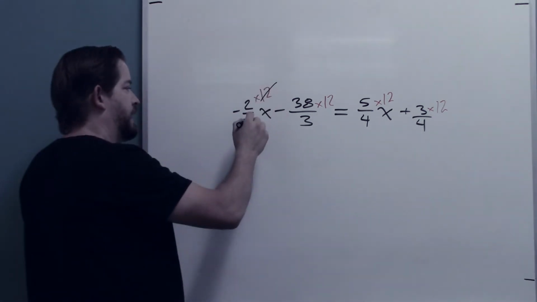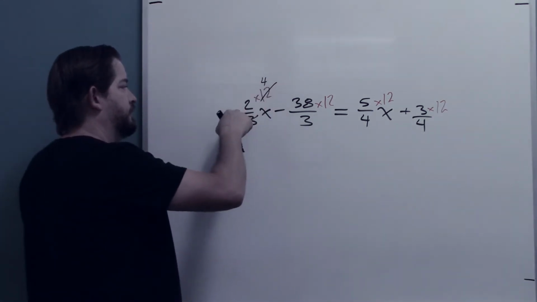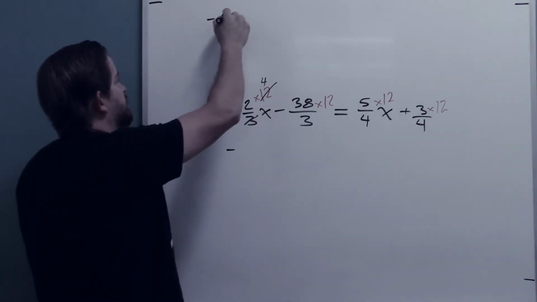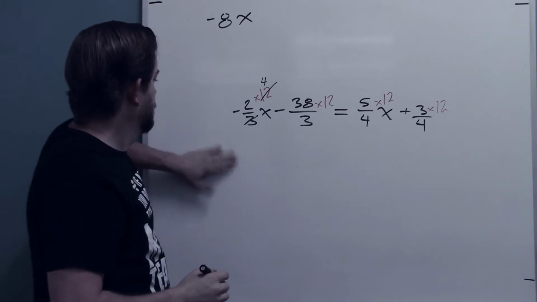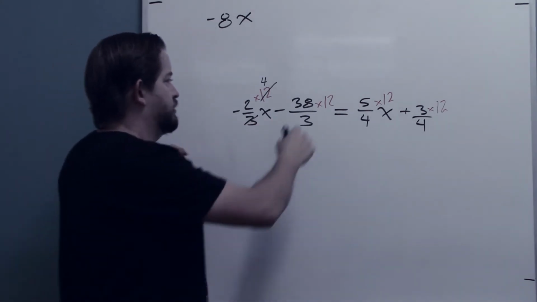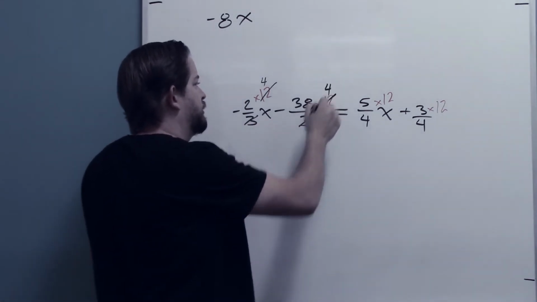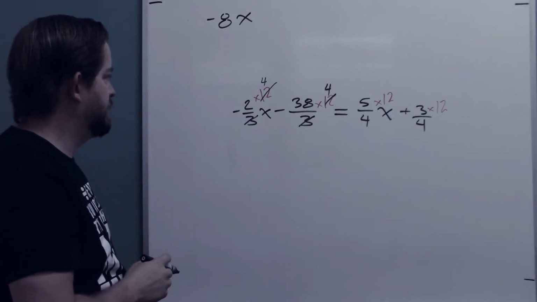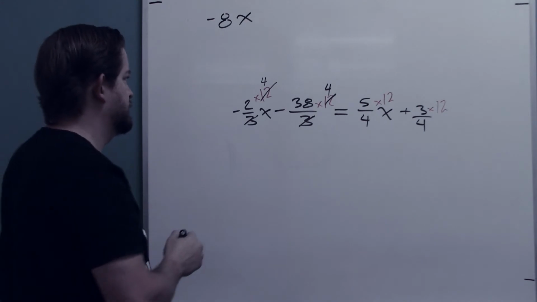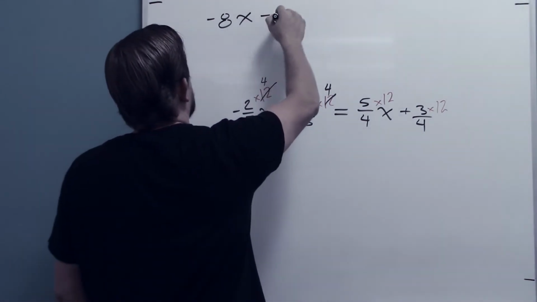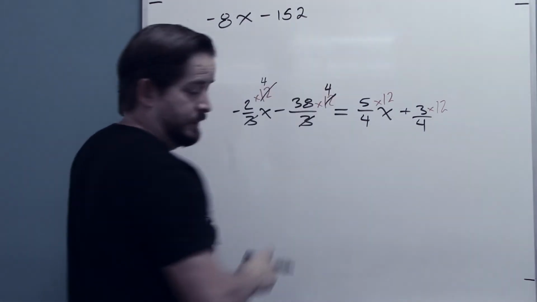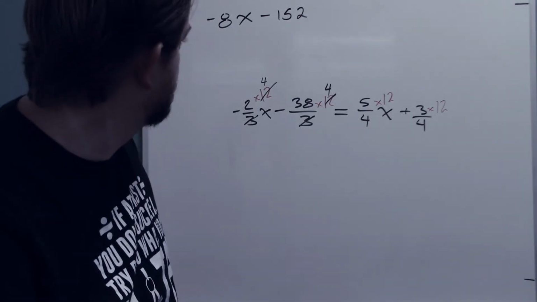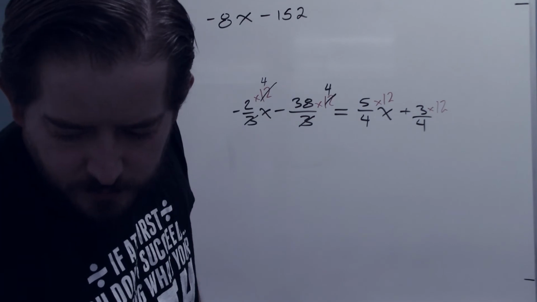Well, the 12 cancels with the 3, that leaves a 4, so I have negative 8x. I'm going to write it up here because I want the room later. Minus, well, the 12 here cancels with the 3, leaving a 4 again. So I have 120 plus 32, so 152. I'm going to double check that one because I'd hate to be wrong.